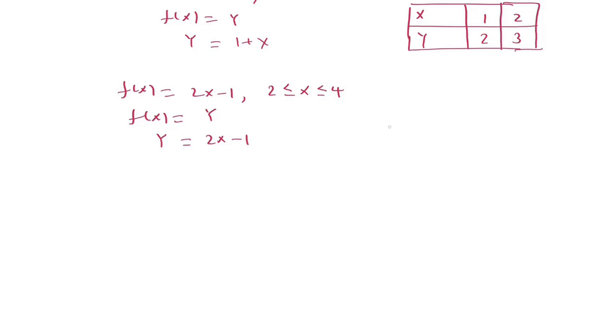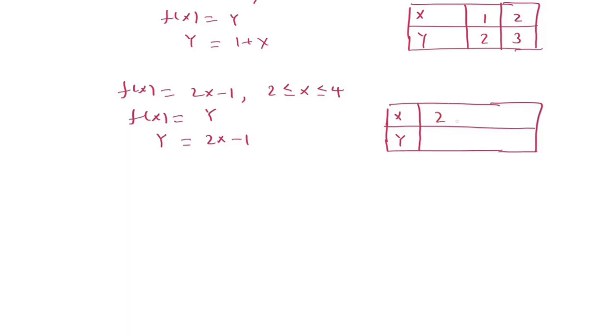Okay, so we are going also to prepare a table of values. Then here is x and here is y. Then here we have 2 and here is 4. When x equals 2, y is going to be 3. And when x equals 4, y is going to be 7.